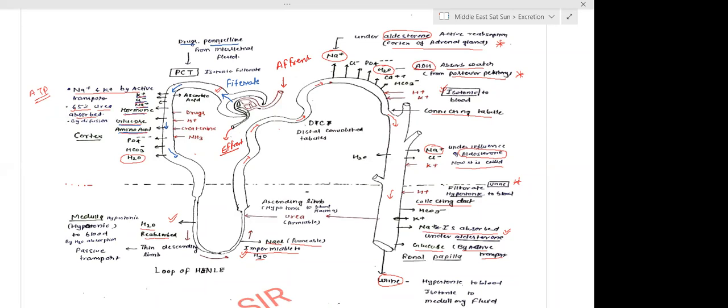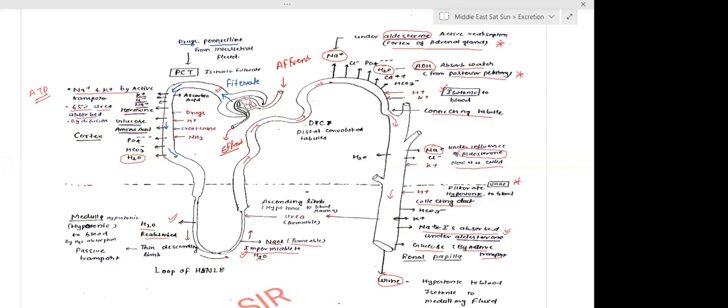Water is reabsorbed here under the influence of ADH hormone. Underline the sentence.